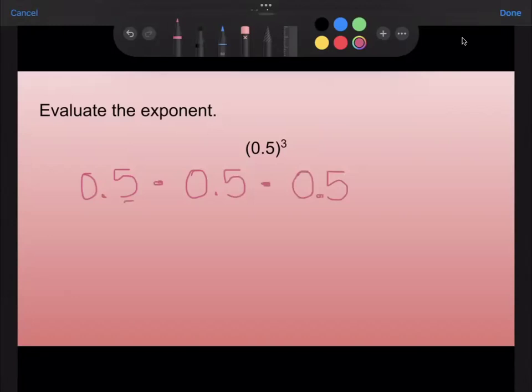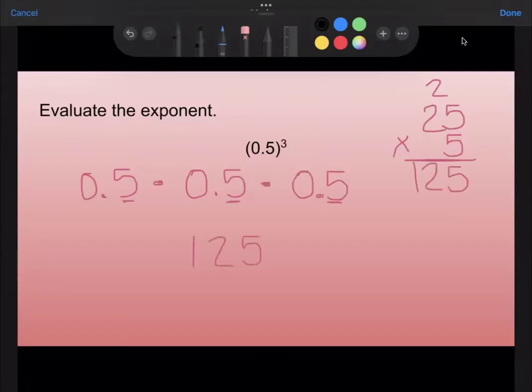Well, I know that 5 times 5 is 25. Then if I multiply that by the third 5, I believe I'll get 125, but let's make sure. 5 times 5 is 25, and then 2 times 5 is 10, plus 2 is 12. So yep, it's 125. I'm going to write that here.